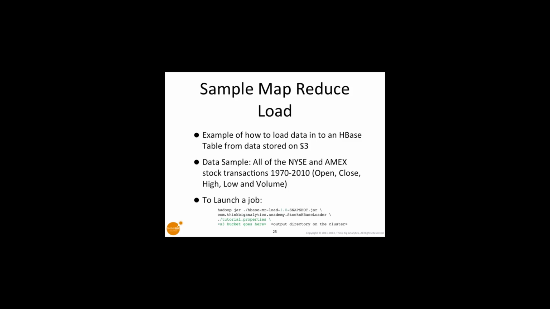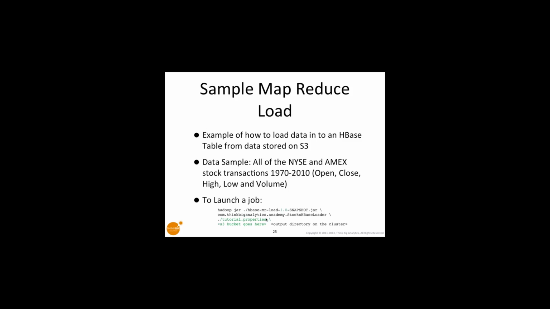which is standard in Hadoop. You specify hadoop jar, you pass in the jar that you want to run, then you pass in the Java main that you wish to run. In this case, it's com.thinkbiganalytics.academy.stock HBase loader.